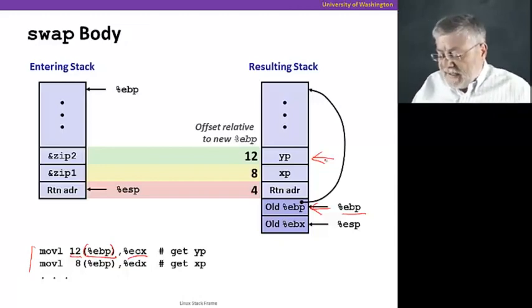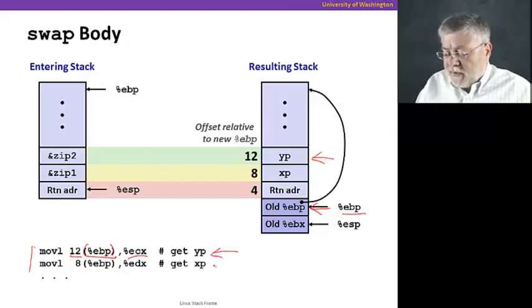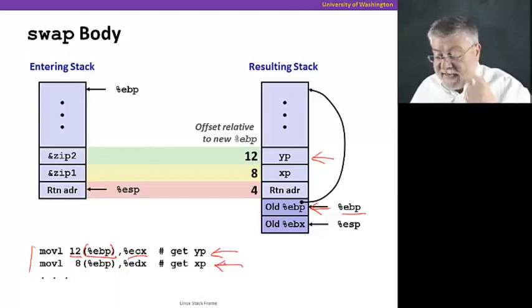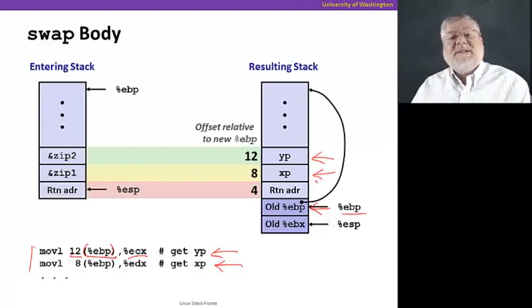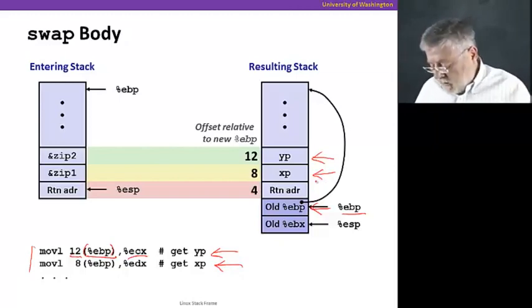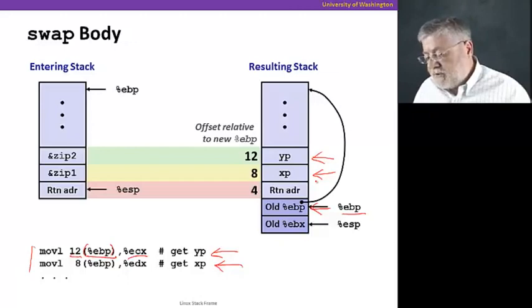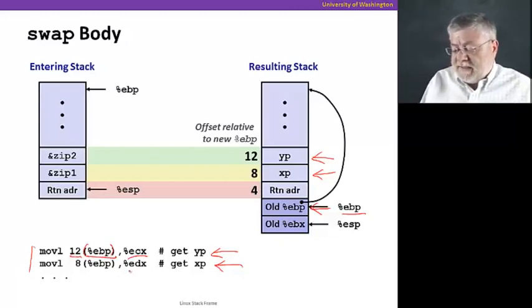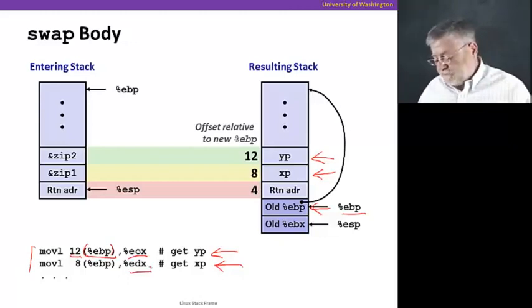This lets us get to YP, that first pointer argument, and then this statement adds 8 to that same pointer to go get the other argument, XP. So this is why we see these frequently at the top of a procedure, the instructions to get the arguments. We now have the arguments stored in ECX and EDX.